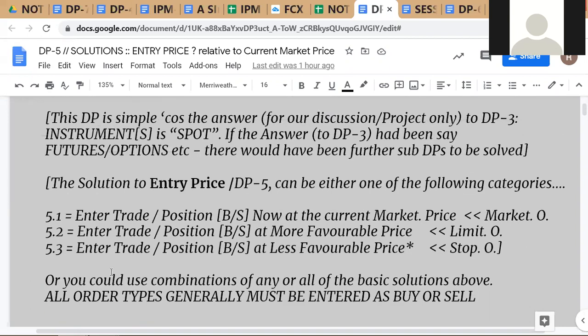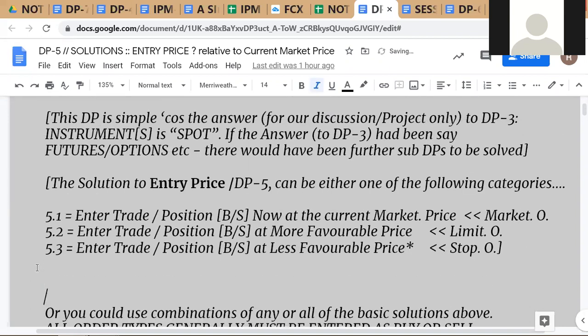Let me write this here also just to be clear. More favorable, less favorable. These statements don't make sense unless you clarify what it is relative to.